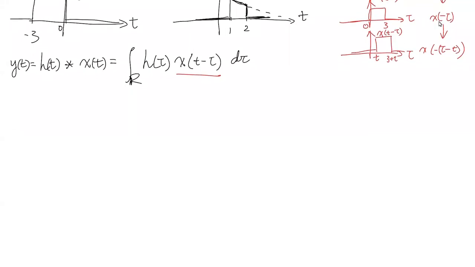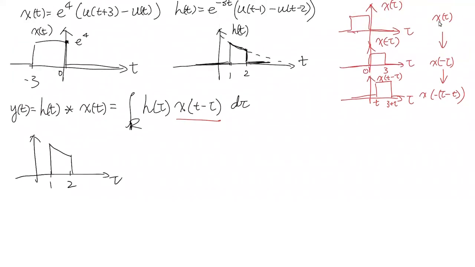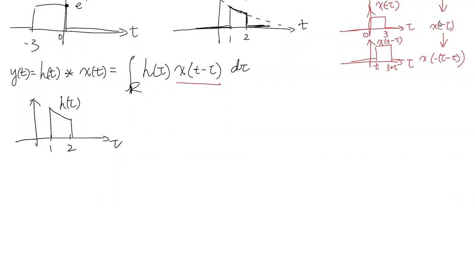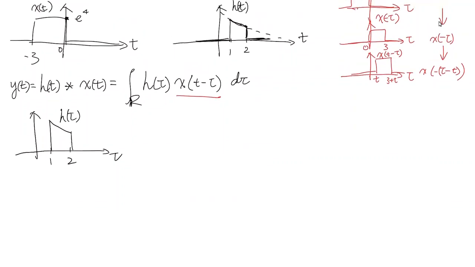So let's use the backing. 1, 2. Here, tau. This is my function h of t, but I call it h of tau. And then the window function, I can put it here. So there's a t plus 3.